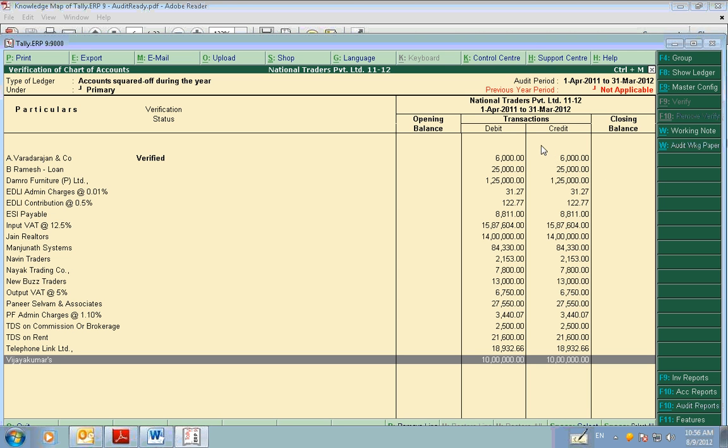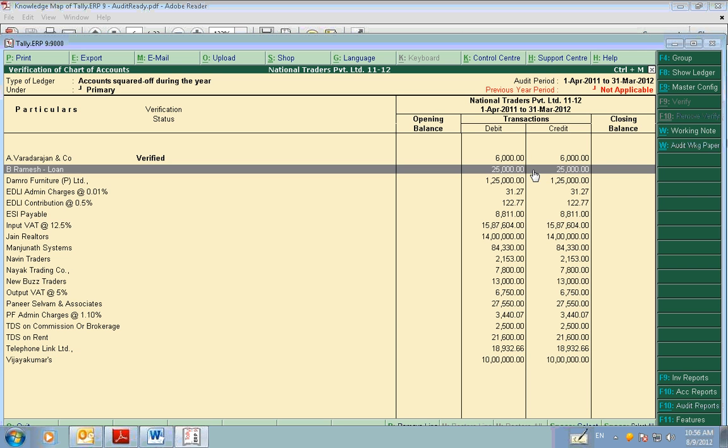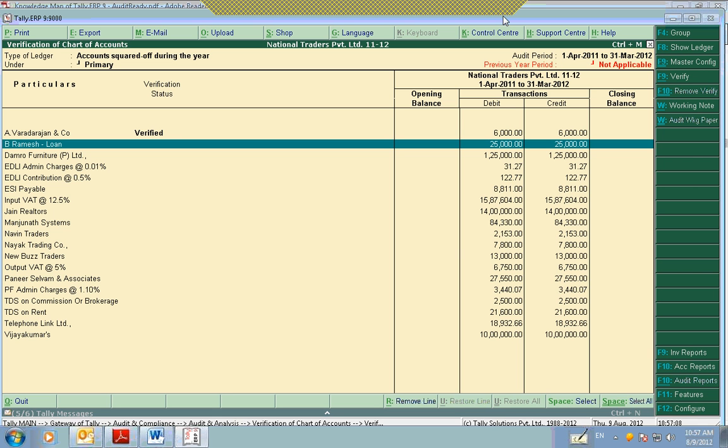The moment you highlight, let us take Varadarajan and Company, or Ramesh loan, we have various options on the right hand side, as well as certain buttons getting highlighted.